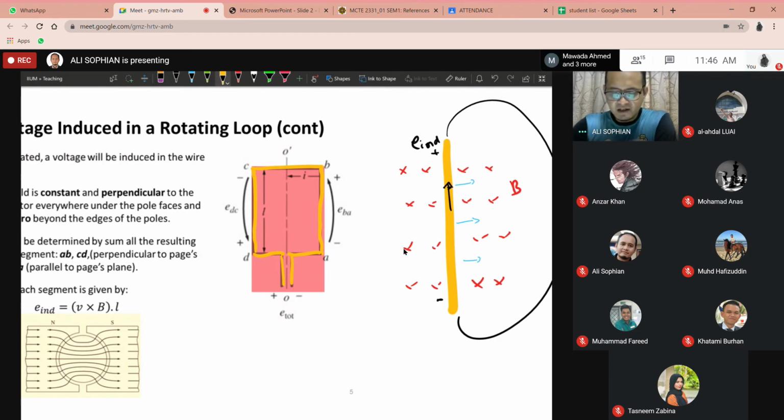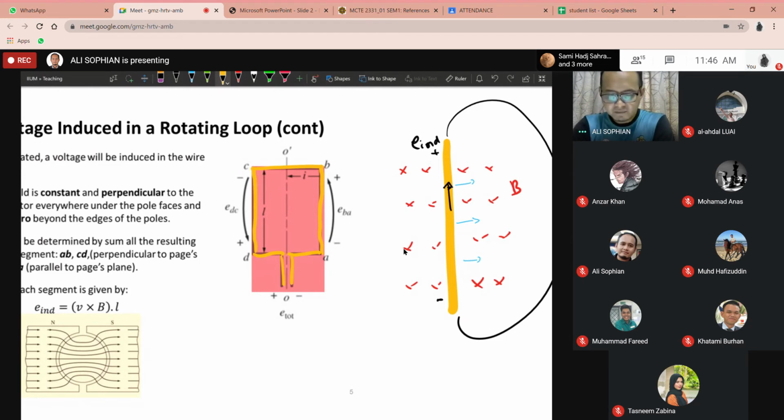Right. And now you rotate the rotor. When you rotate the rotor, all these wires will be moving as well. So each segment of the wire will have some velocity relative to the magnetic field, because the magnetic field is stationary. It's not rotating, but you've got the rotor moving inside it, and the loop will also rotate with the rotor.